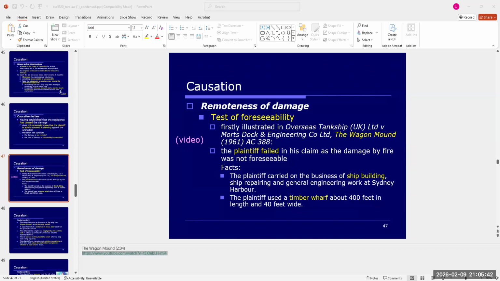Then the case was appealed, disapproving the direct consequence test. It was held that the company could not be held liable to pay compensation for the damages. Okay, so that's the end of that story.